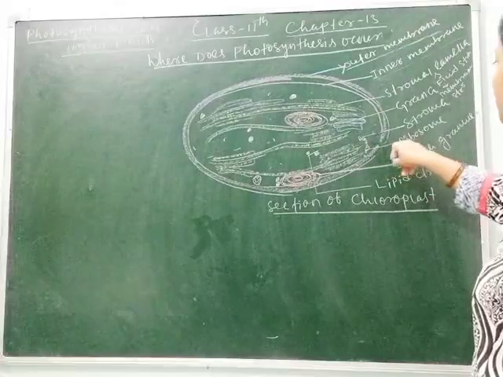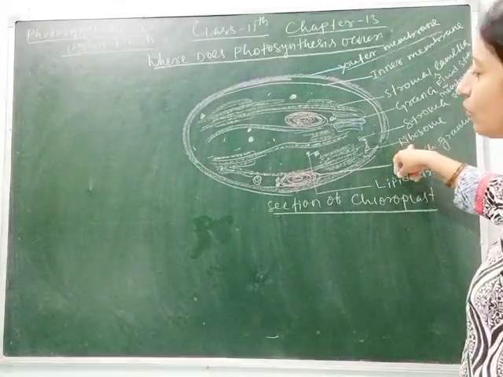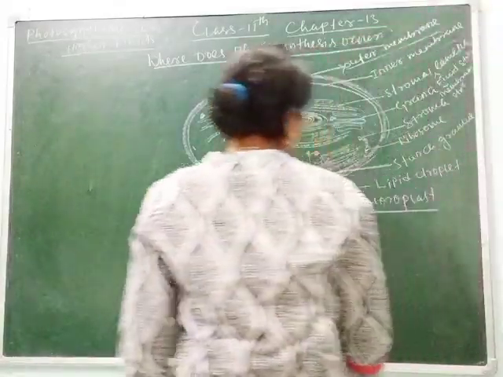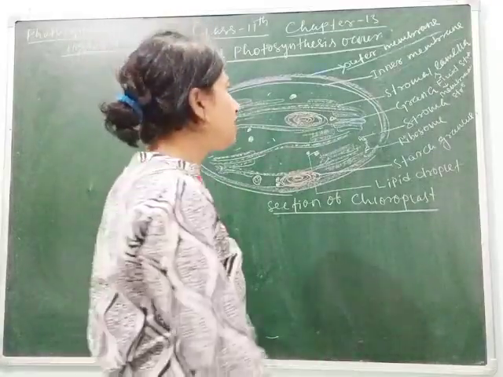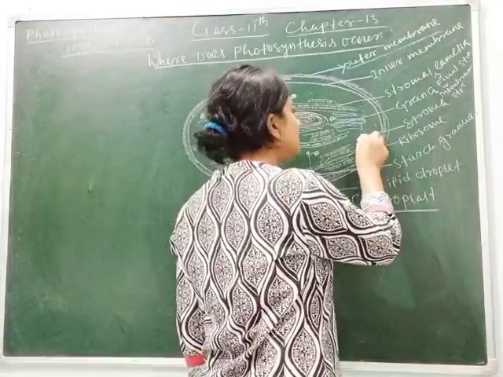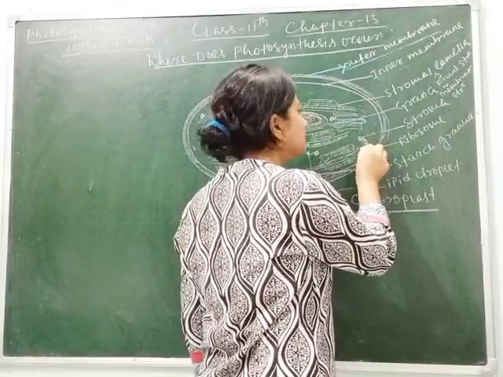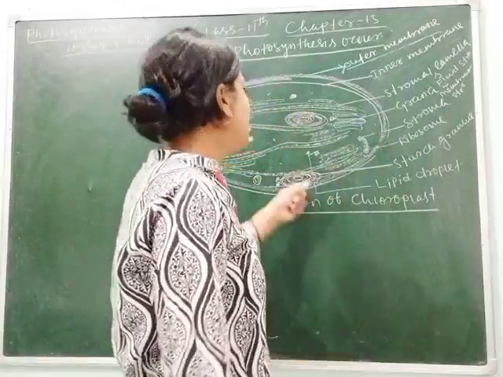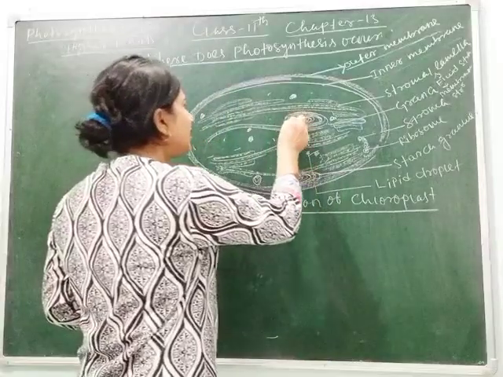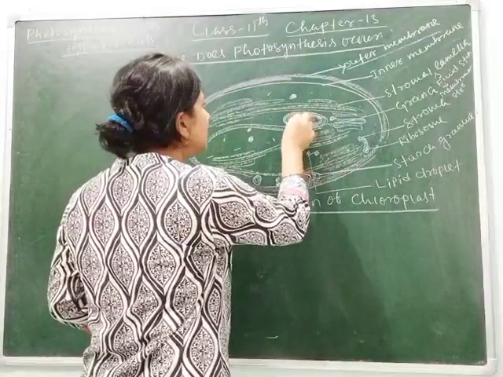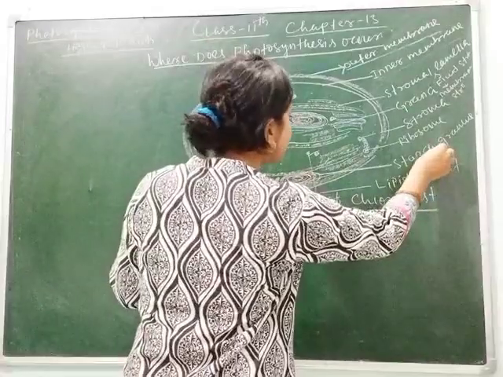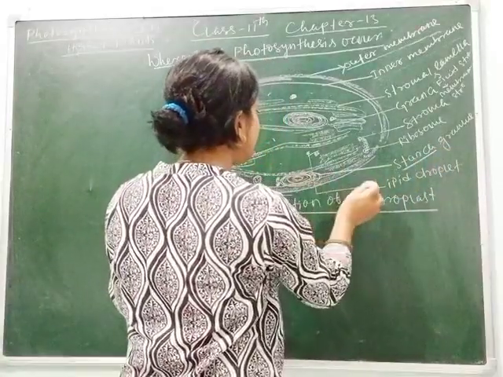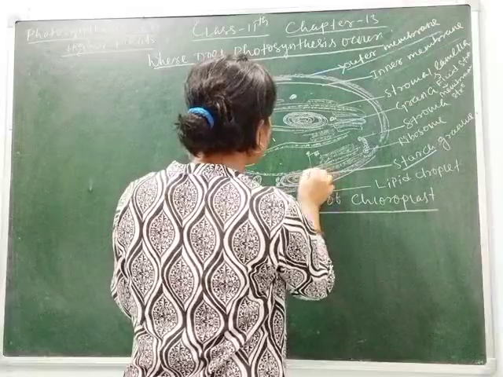And here are some ribosomes. As you know, chloroplast contains ribosomes, which are needed for synthesis of protein. Here you can see ribosomes as granular structures. The large circular structures in the stroma are the starch granules.